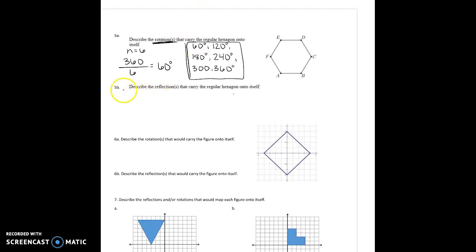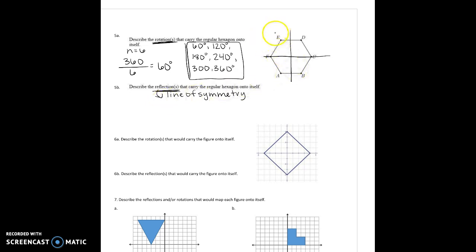Now if we're talking in number 5B about reflections, well, if I want to reflect this onto itself, that implies that everywhere I need a line of symmetry. And so this hexagon is going to have a line of symmetry in a vertical line and in a horizontal line.